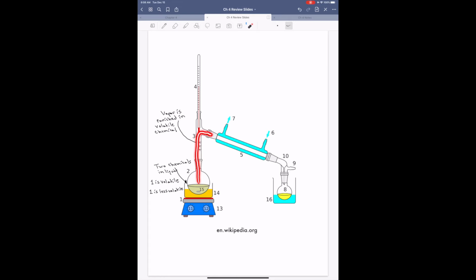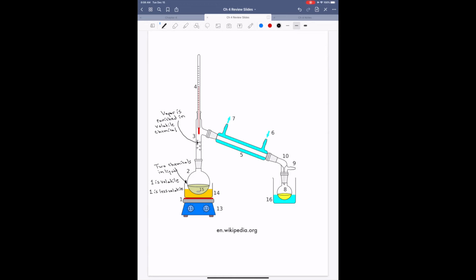It comes up from the liquid, vaporizes, and it goes through, and as it starts passing through this distillation setup, it goes to a section of the setup that's cooled by water. Right? And so here, it starts cooling the vapor, and this causes the vapor to condense back into a liquid. Right?